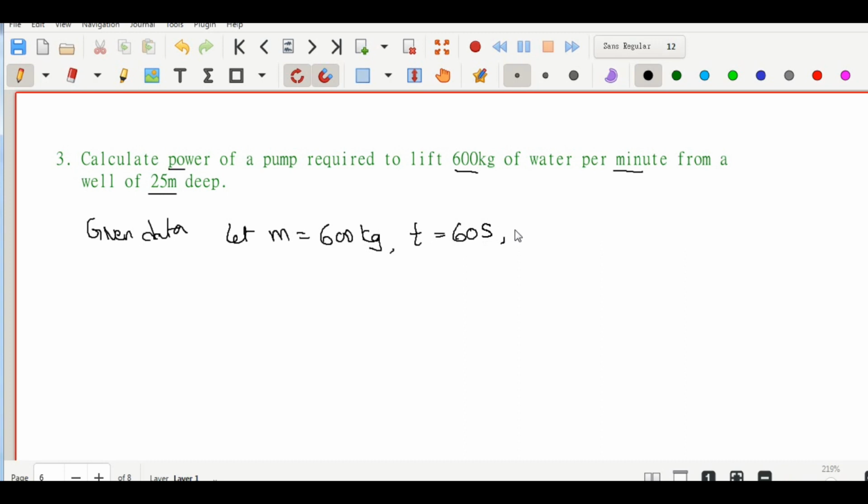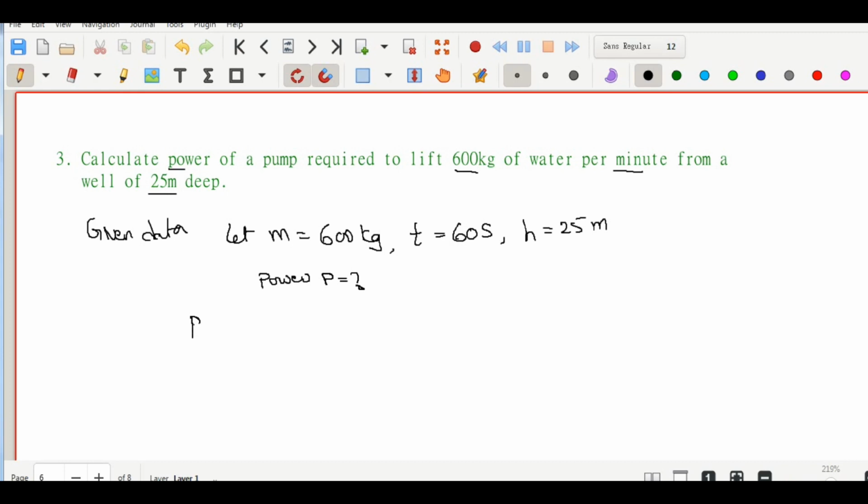The depth can be considered as height h here, that is 25 meters, because the formula of potential energy is mgh, so that's why we denote it with h. Otherwise we can write it as d. So find P, the power of the pump, is equal to question mark.